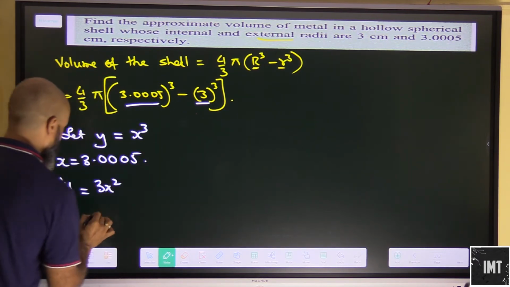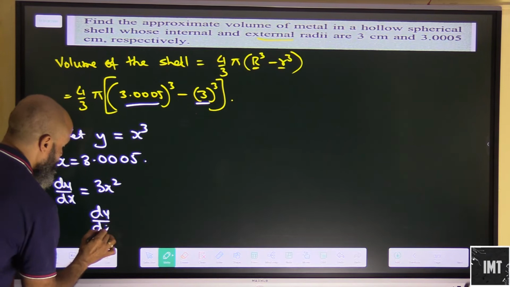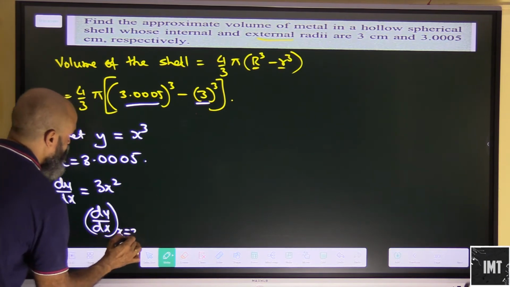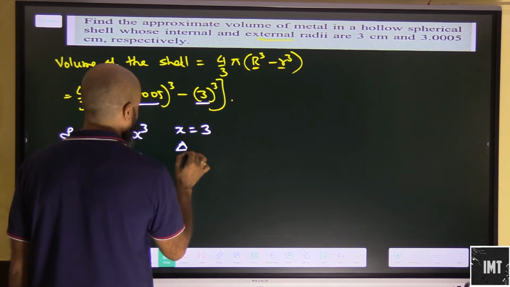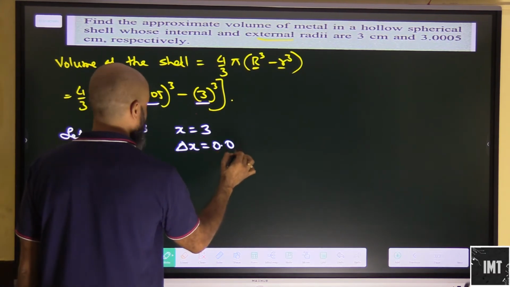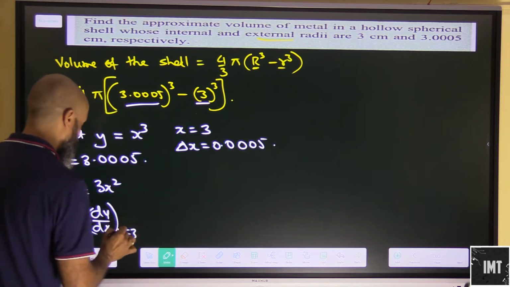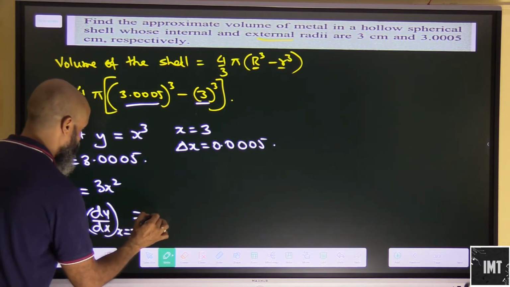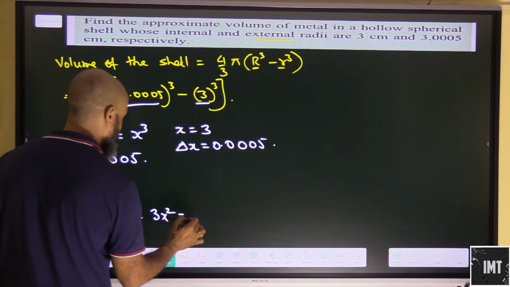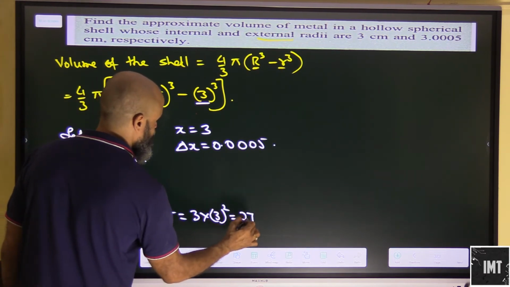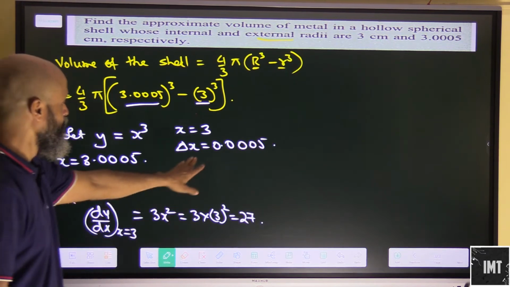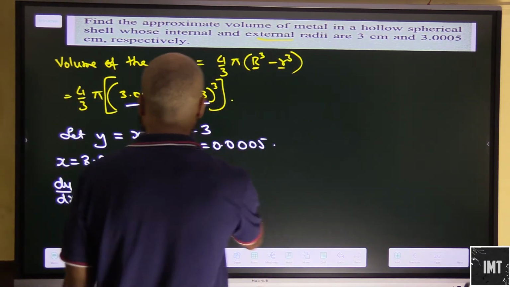If we have to find dy by dx at x is equal to 3, then x is equal to 3 and delta x here is equal to 0.005. So dy by dx at x is equal to 3 will be 3 into 3 square, that is 27.